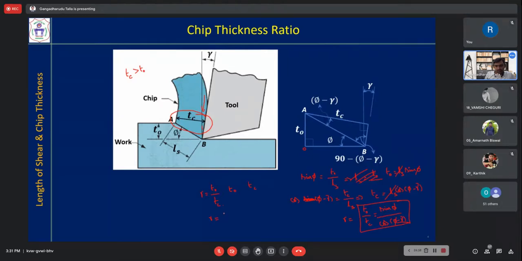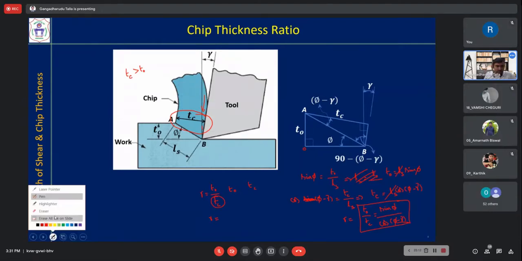In other words, when will this TC be very high? That is a better way of putting things. When will this thickness increase?